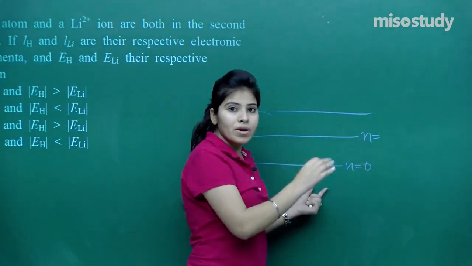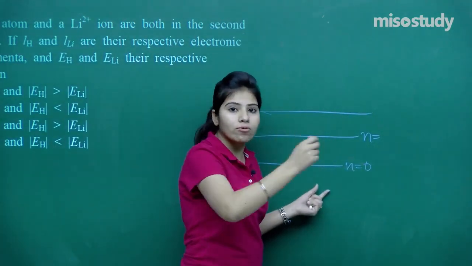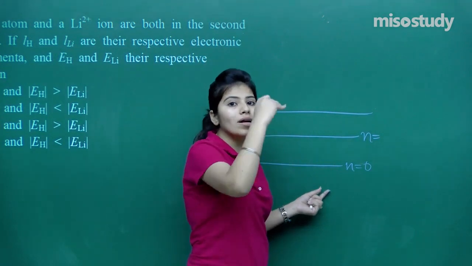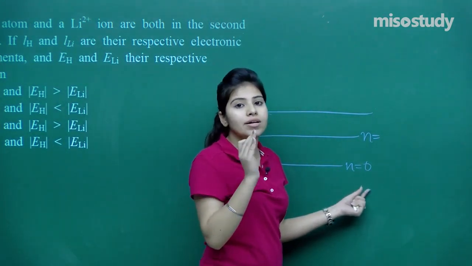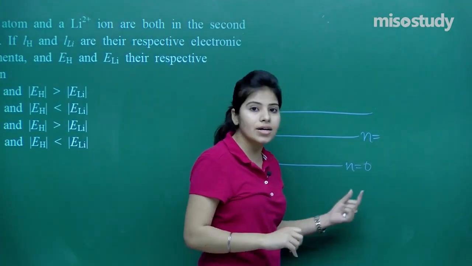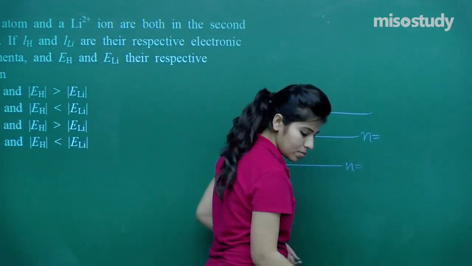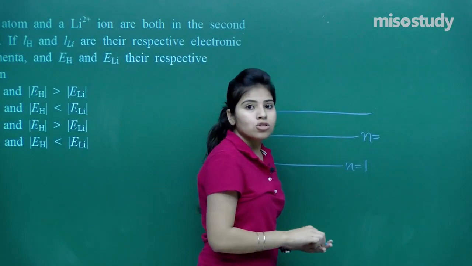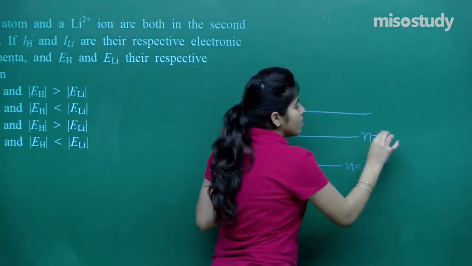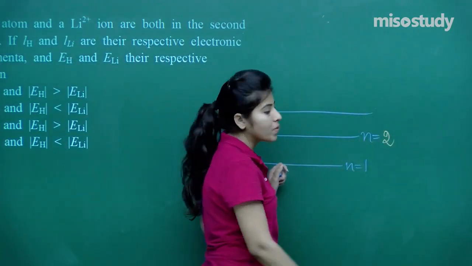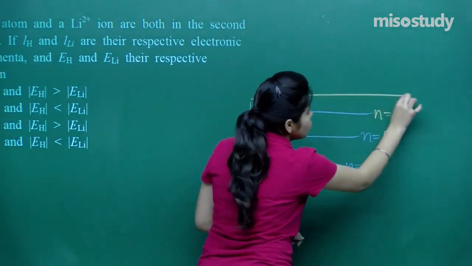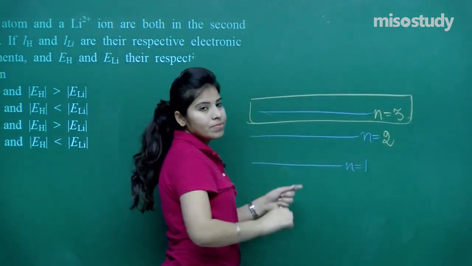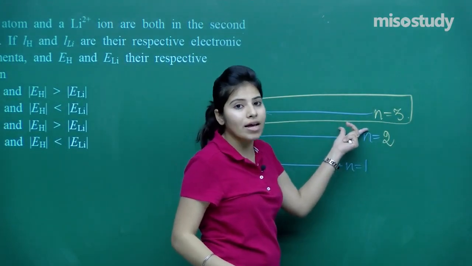So it will be coming from n equals 0 to n equals 1, n equals 1 to n equals 2. But basically, if we start with the ground state, we consider here n equals 1, right? So your first excited state will be n equals 2, and your second excited state will be n equals 3. This is your second excited state.